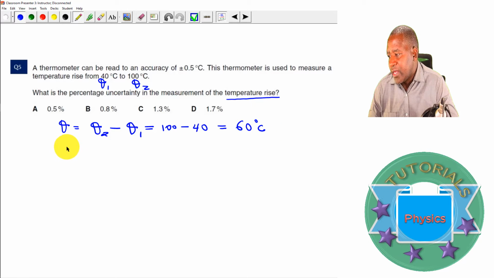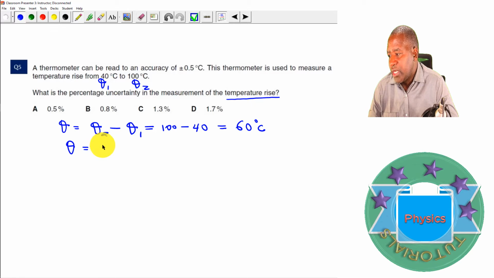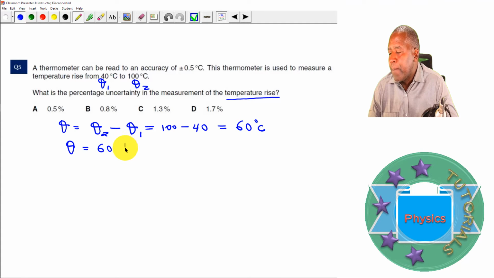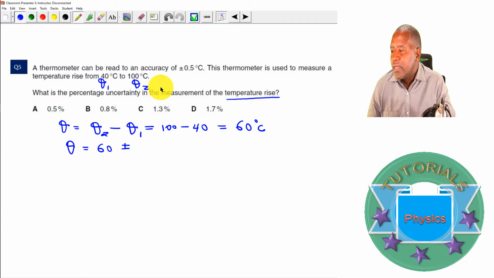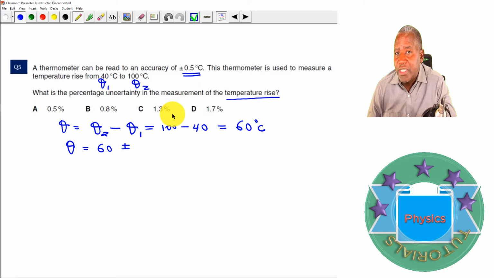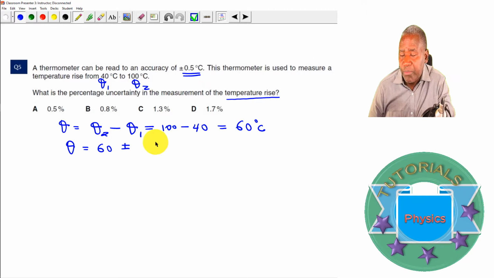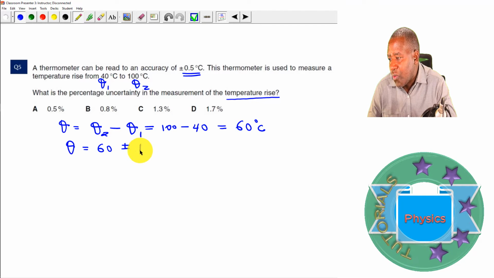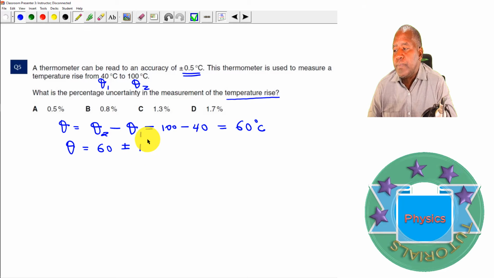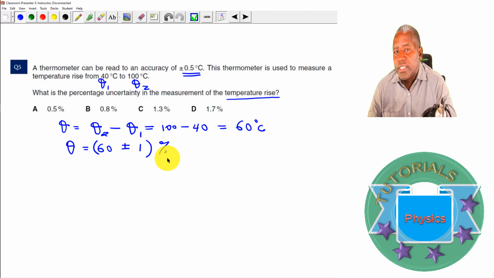So we can say theta, which is the change in temperature, is going to be equal to 60 plus or minus, you see each one of them had this absolute uncertainty, so we add 0.5 plus another 0.5, we get 1 degree Celsius.